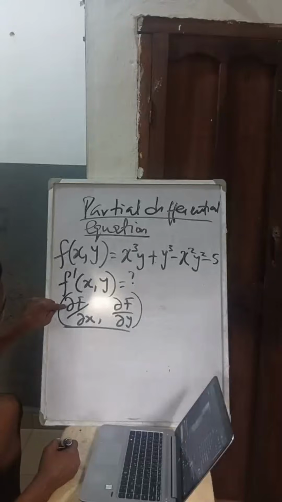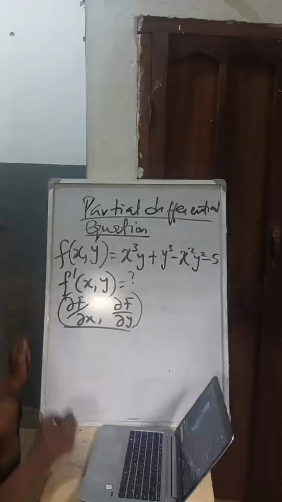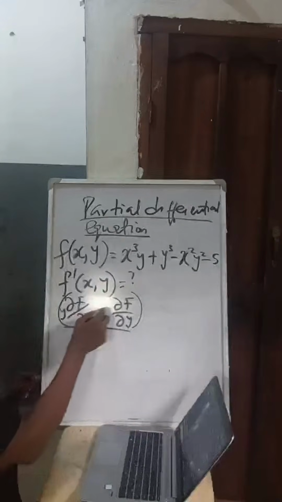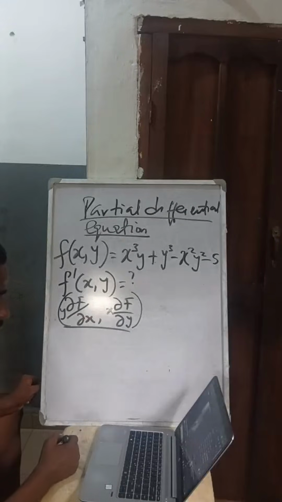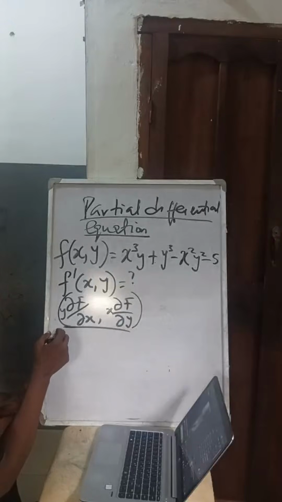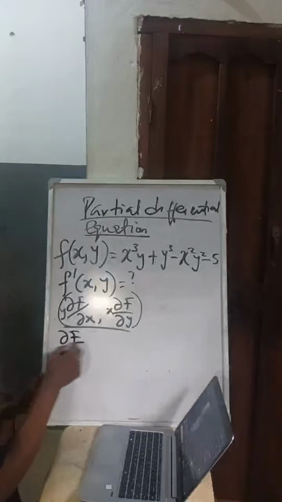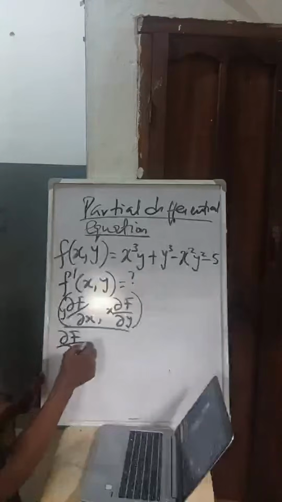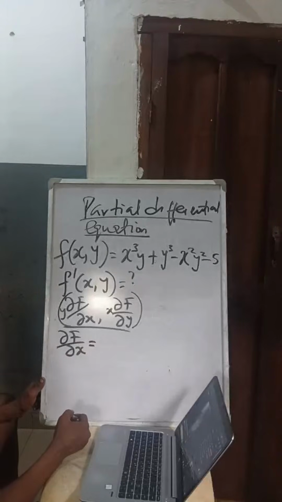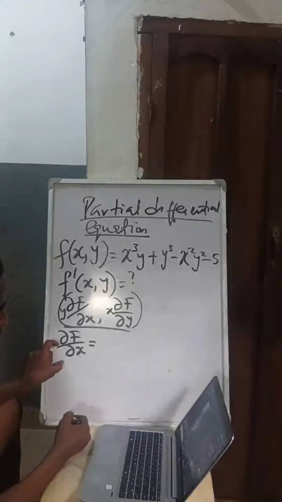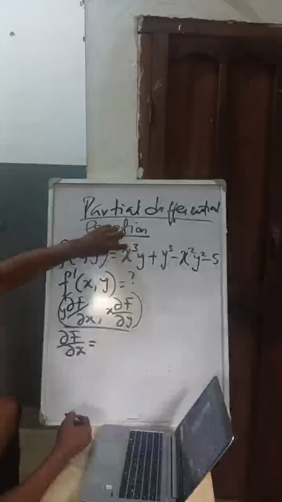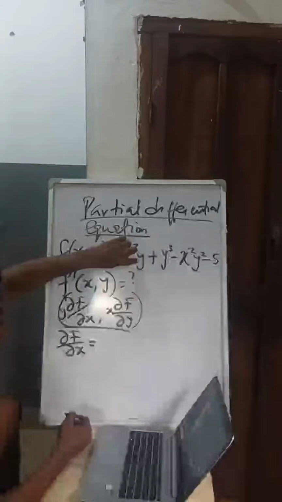So as you are differentiating f with respect to x, we keep y constant. Y is constant here, and y is constant here. So let's go. The x is equal to what? We are differentiating with respect to x. So x alone is here. There is y, but we pretend as if y does not exist.